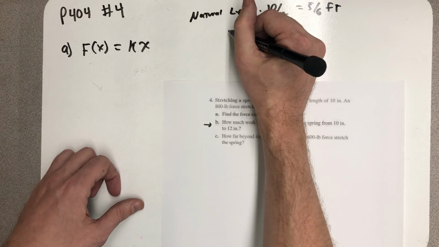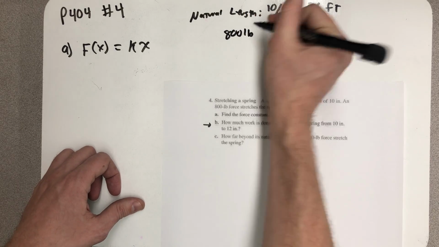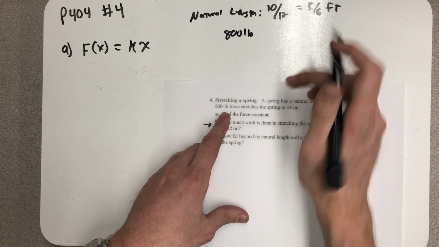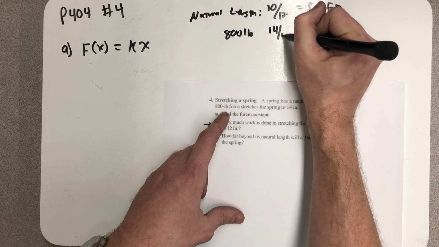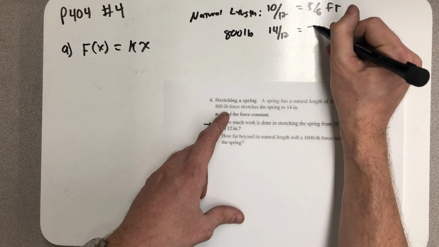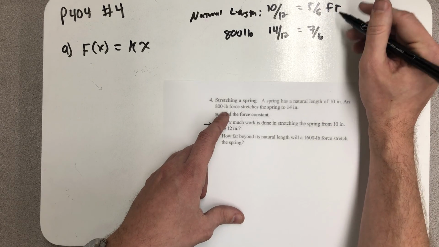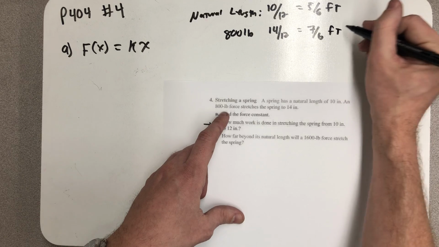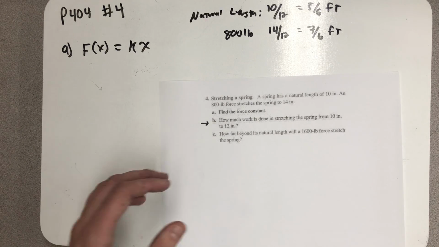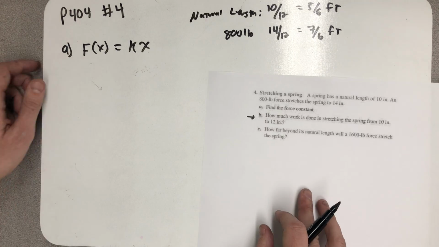And then I'm told that an 800-pound force stretches the spring to be 14 inches long. So 14 out of 12, or 7/6. All right, so now my job is to find that spring constant using this information.